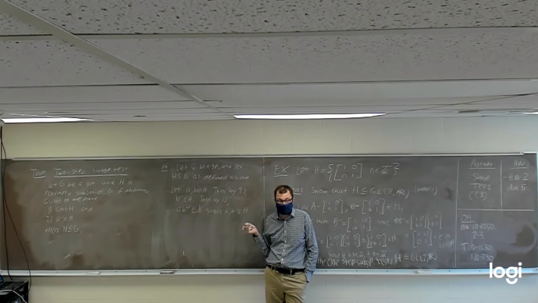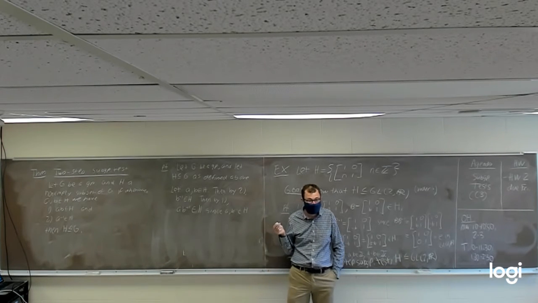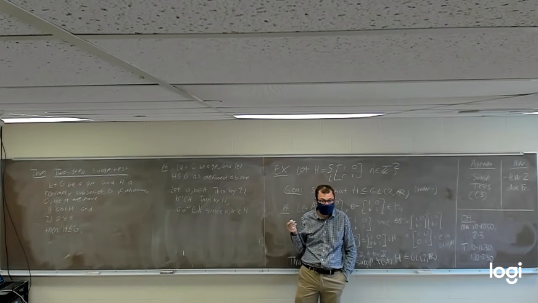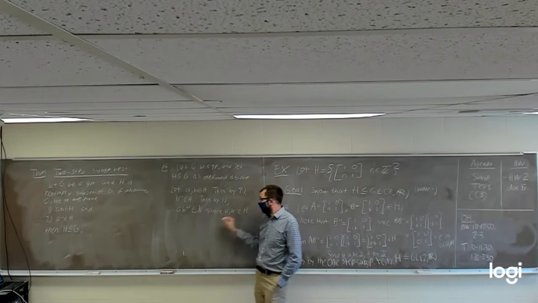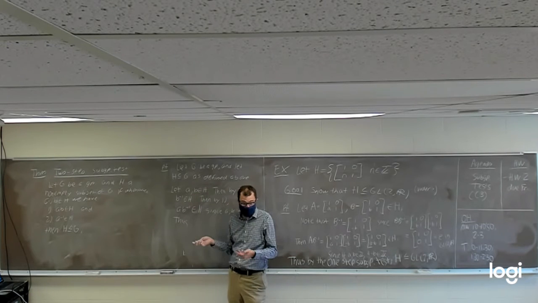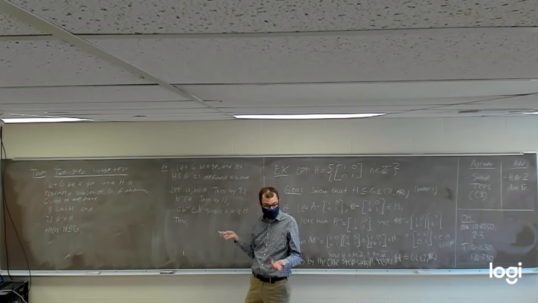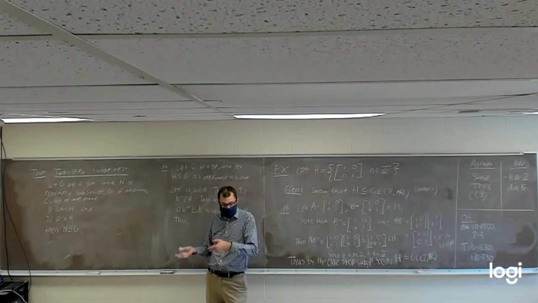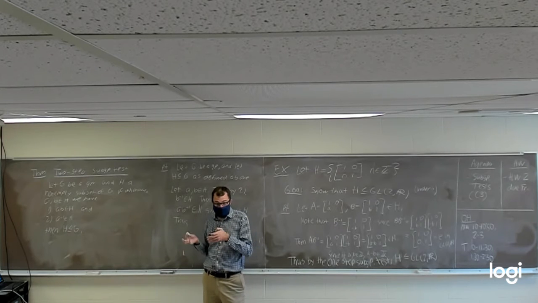I claim we can finish this proof in a single sentence. Thus, by the one-step subgroup test, H is a subgroup of G. We've shown that H has property star, and the one-step subgroup test tells us that any H with property star has to be a subgroup.